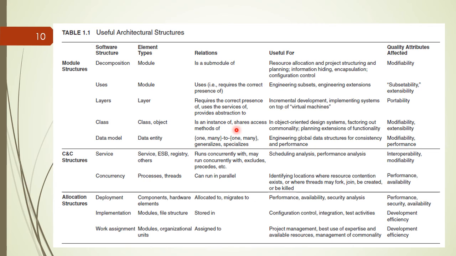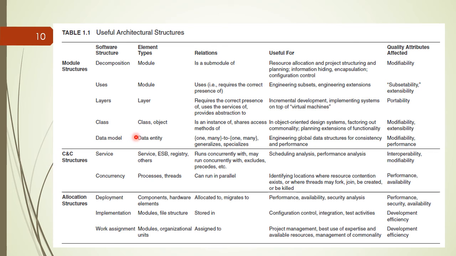You have seen object oriented programming. So class and objects: it is an instance of, shares access methods of, and it is used in object oriented design systems and for extensions of functionality like inheritance and all. Then modifiability and extensibility are the quality attributes.